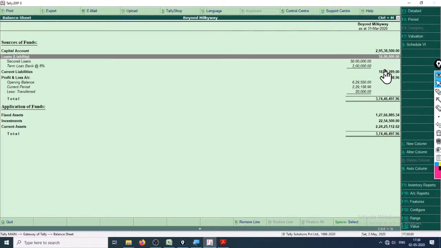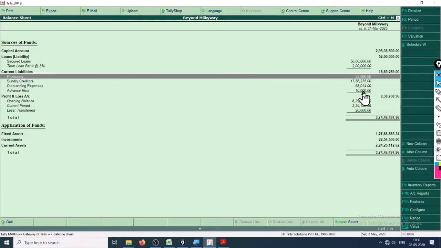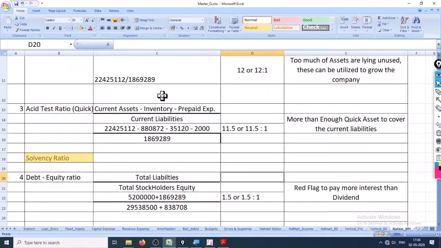Provisions and outstanding expenses and advance rent. Let's calculate the amount: 52 lakh plus 1869289, divided by 2953850 plus 838708, this divided by this. 0.23271.